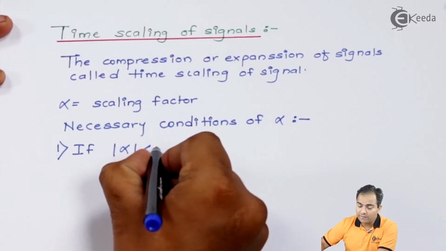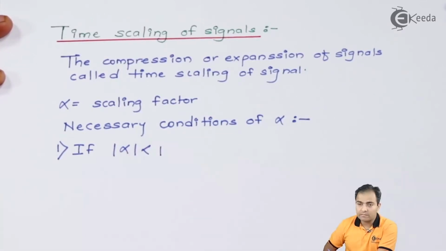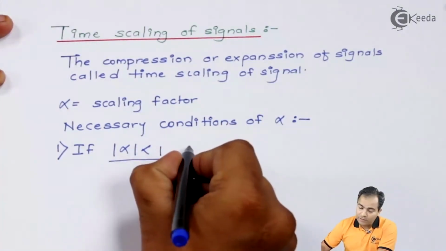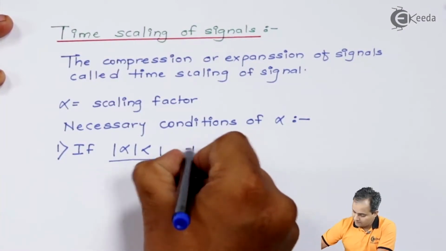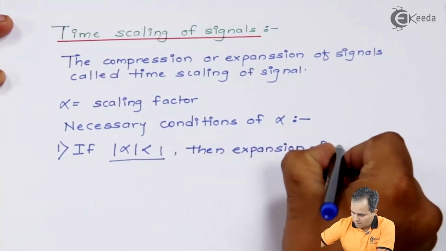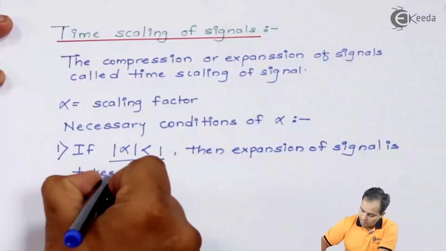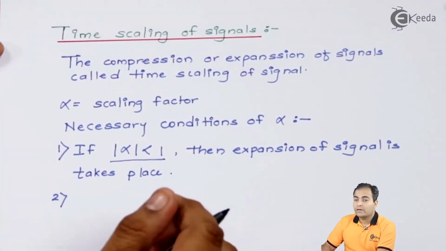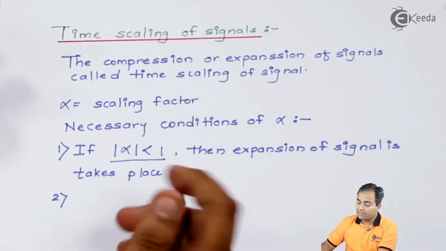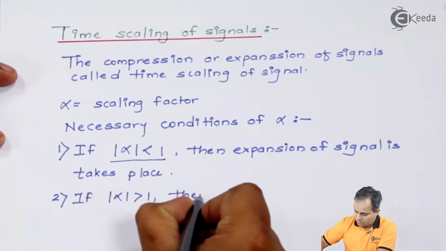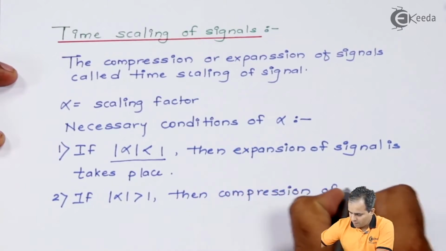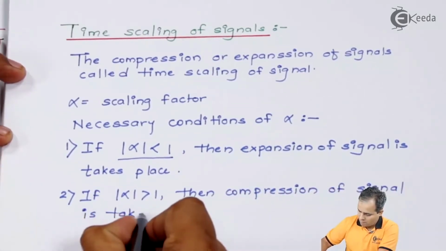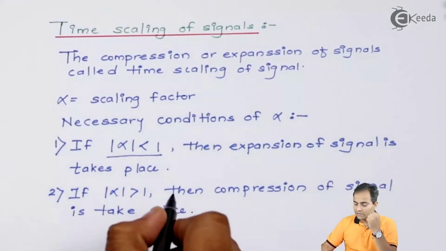If mod of alpha is less than 1, then expansion of signals will take place. Similarly, if mod of alpha is greater than 1, so two necessary conditions are there.